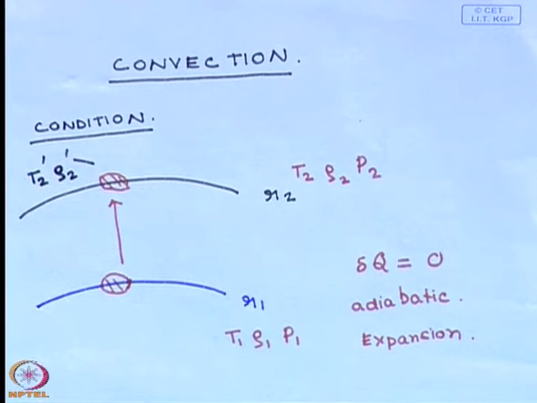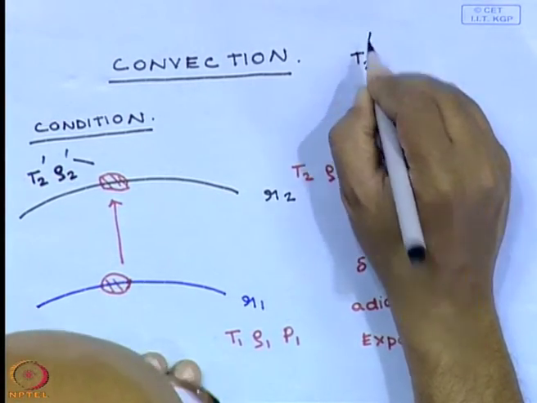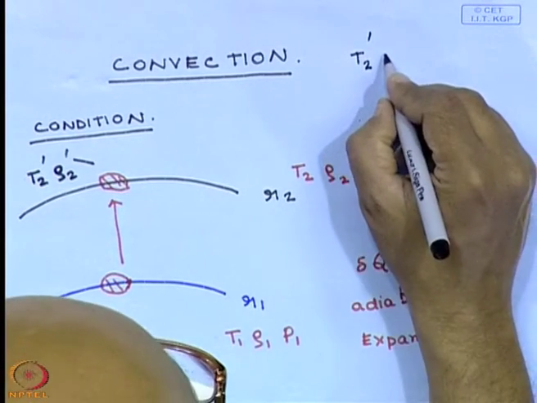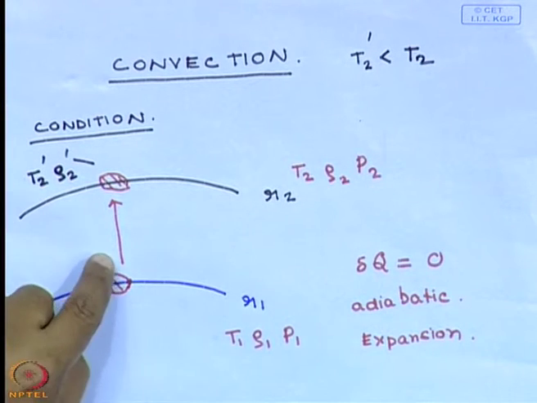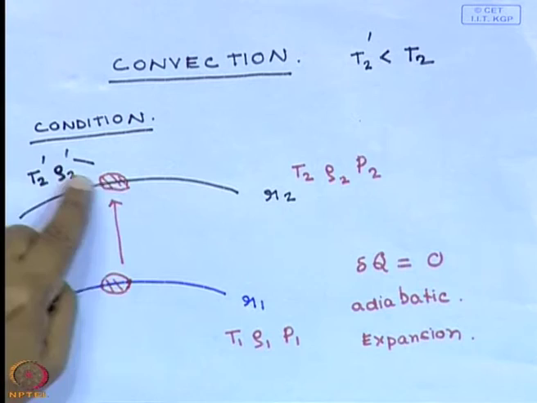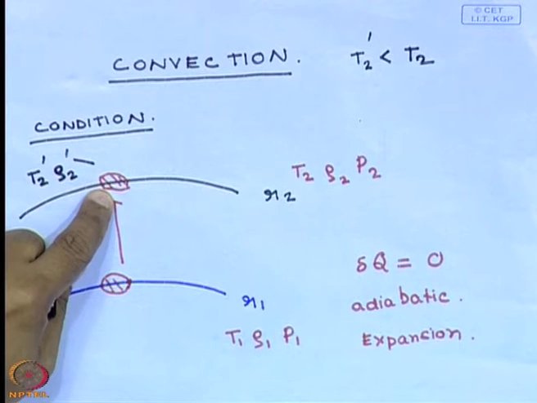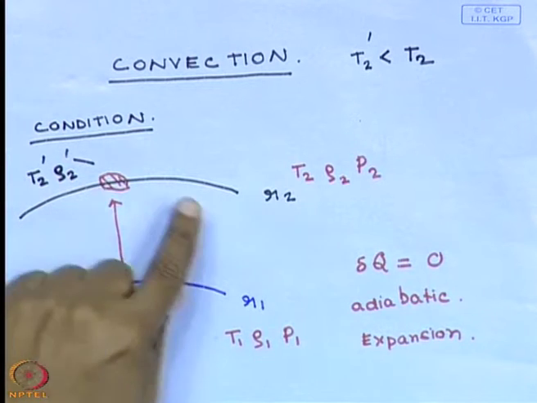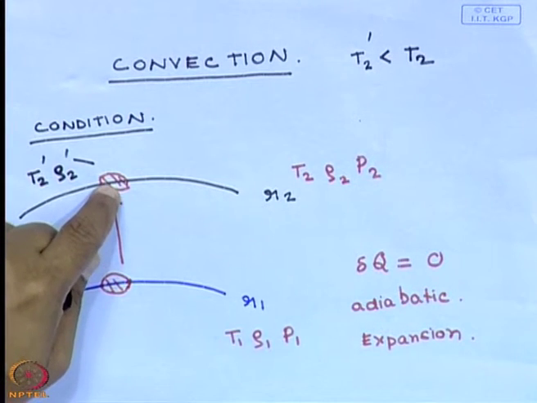Now, the question is what happens to the bubble when it comes here, and that essentially depends on T2 prime. There are two possibilities. If T2 prime is less than T2, so that the bubble when it moves here is cooler than the surrounding, the density of the bubble is going to be more than the surrounding density.